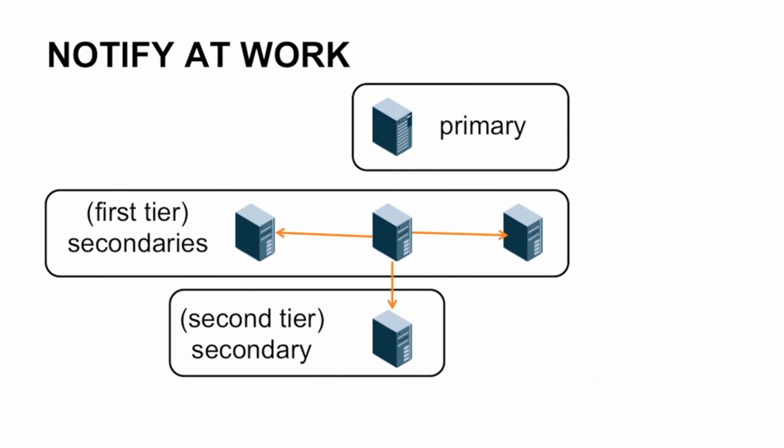Two of those are refused by the left and the rightmost secondary, but the one at the bottom is accepted because the middle secondary is the master server for the secondary at the bottom. The rightmost secondary sends its Notify messages, all of which are refused. And then after doing the zone transfer, the second-tier secondary at the very bottom is going to send Notify messages to the other secondaries as well, but those will, of course, all be refused.